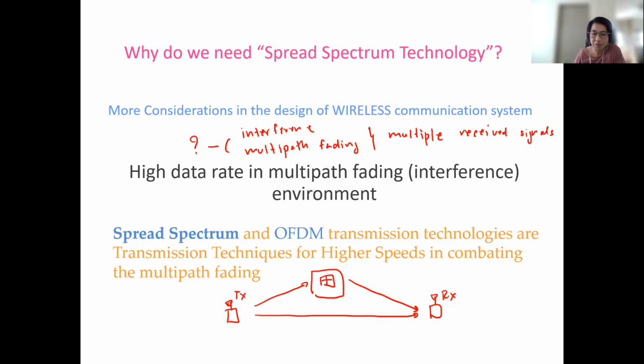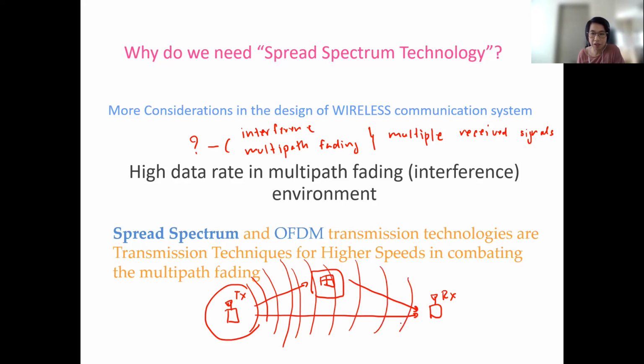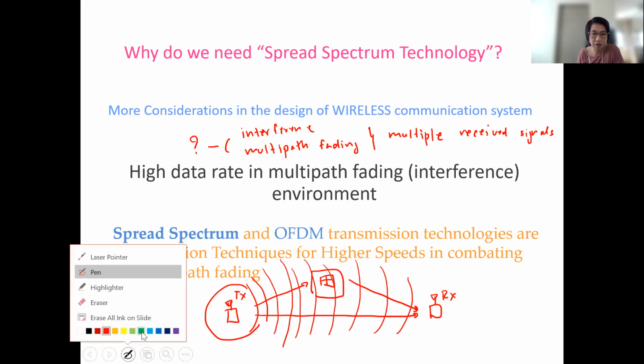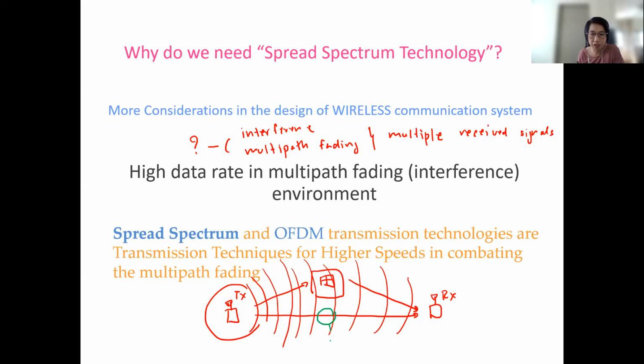So this figure represents the multi-path fading, as Kan explained. In this case, we have only one transmitter, right? And when the transmitter transmits the signal, actually it is a wave, right? What we expect is that we can receive the direct path, which is this one. We need this one.